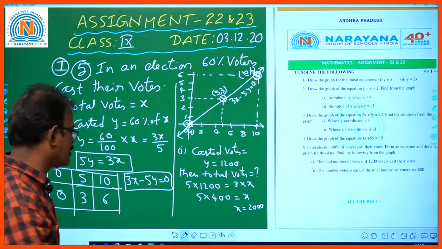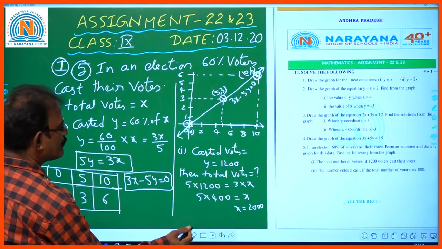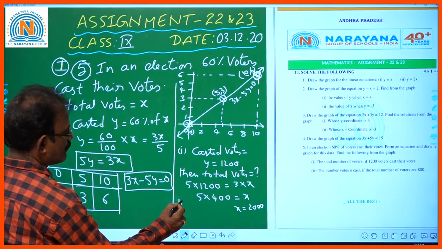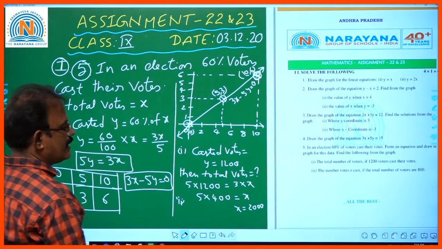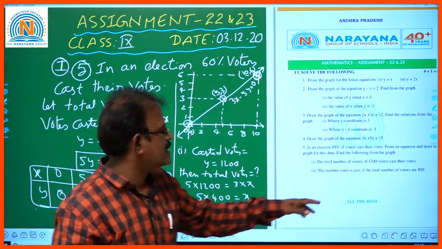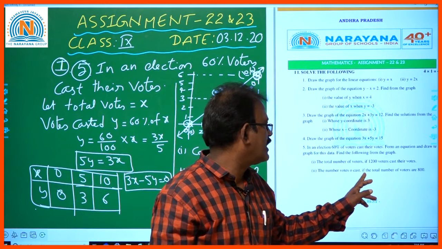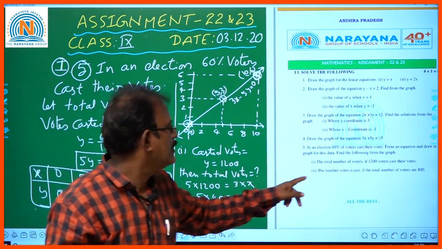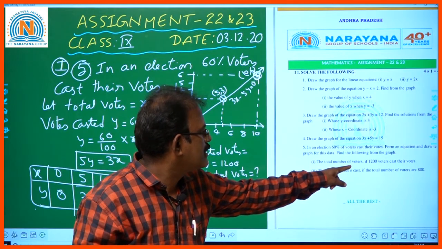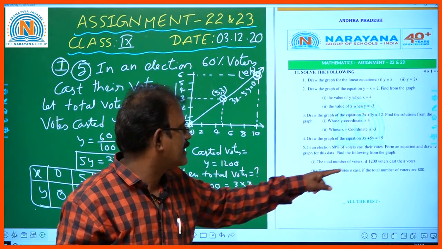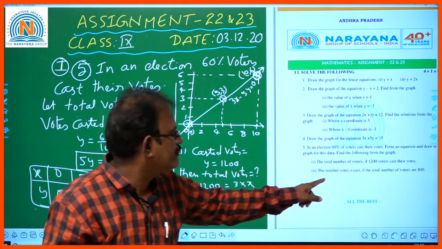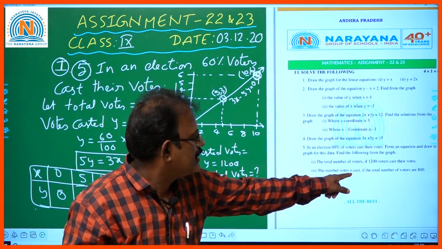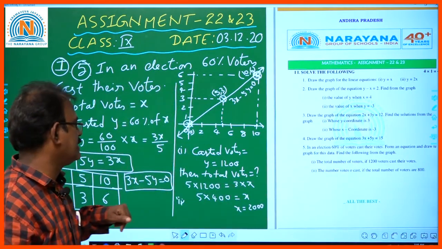And if it is second question, they are asking total number of voters if 1200 voters are cast. Number of voters casted if total number of votes are 800. Okay.